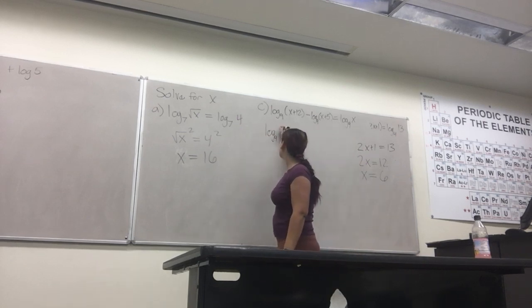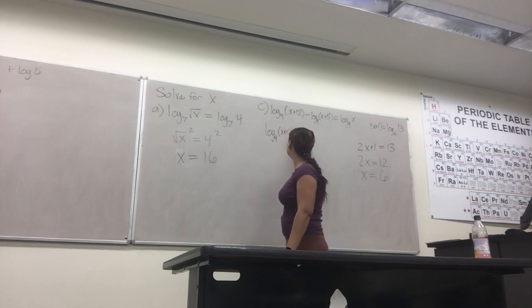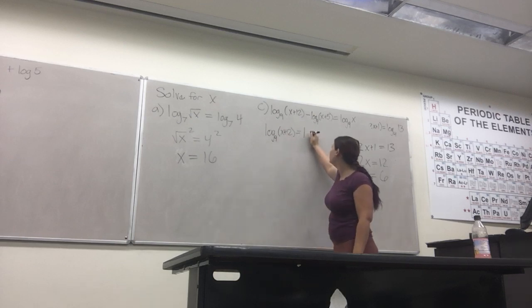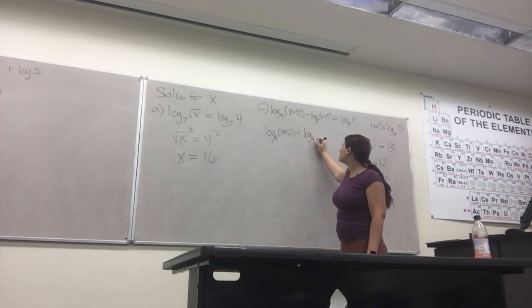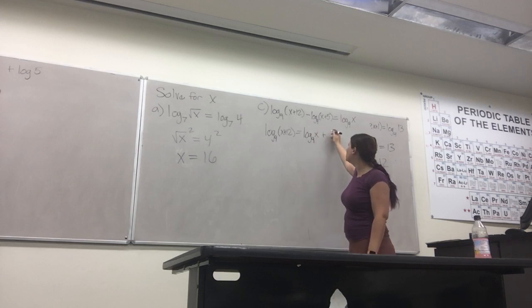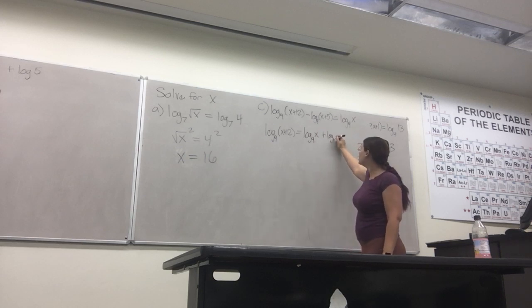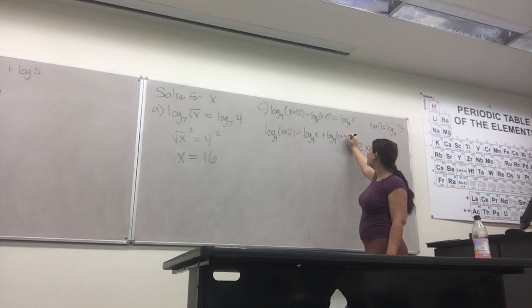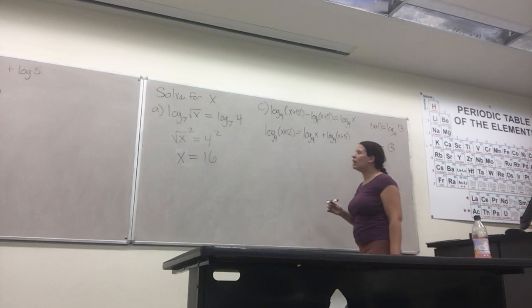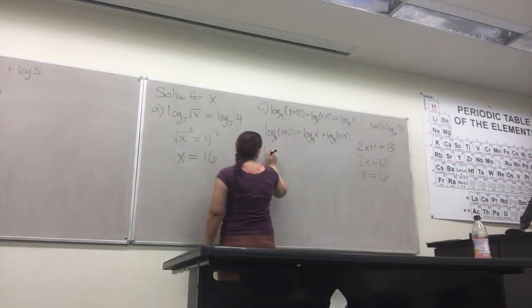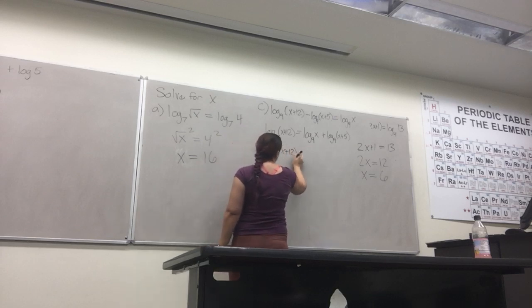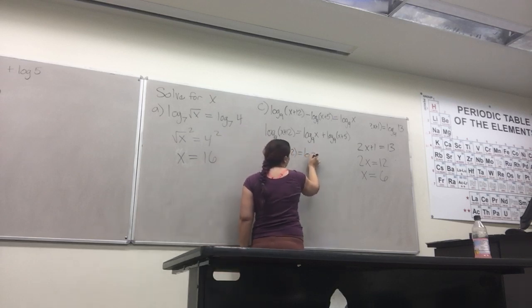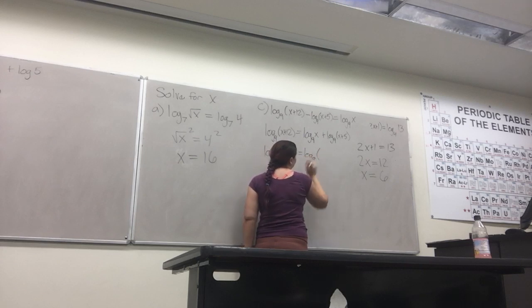We have log base 9 of x plus 12 equals log base 9 of x plus log base 9 of x plus 5. So now what? Log base 9 of x plus 12 equals log base 9 of what?